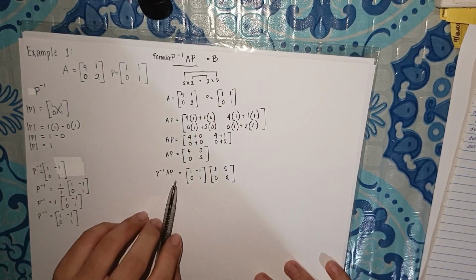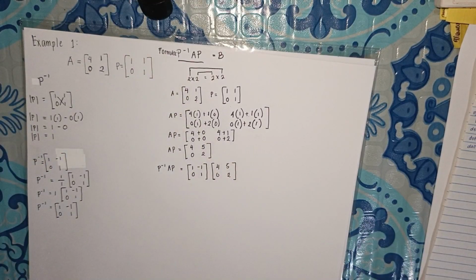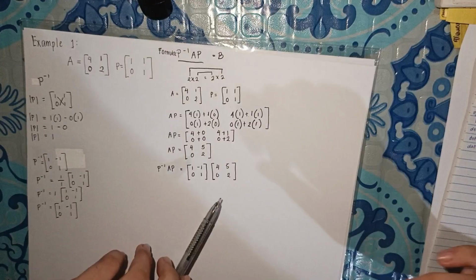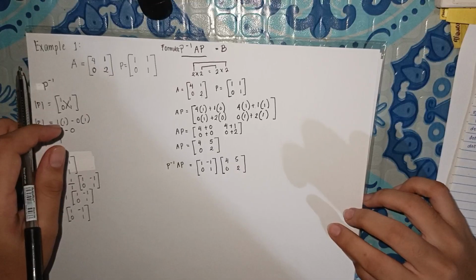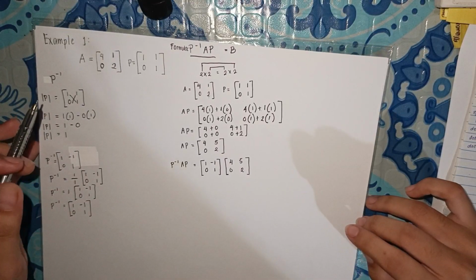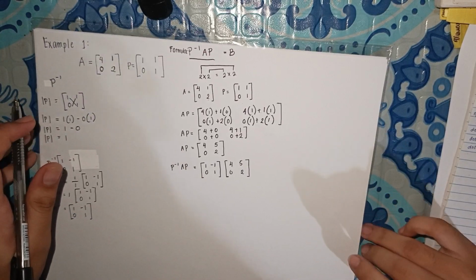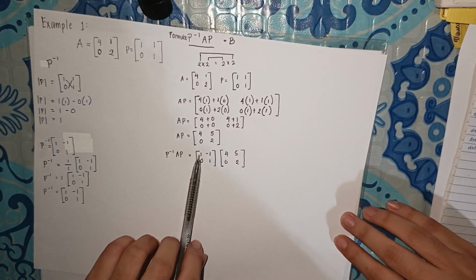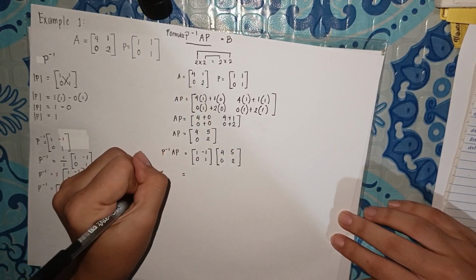Now, we can multiply these matrices because it is 2 by 2 times 2 by 2. Then our answer matrix must be 2 by 2 also. Now, multiplication is row times column.